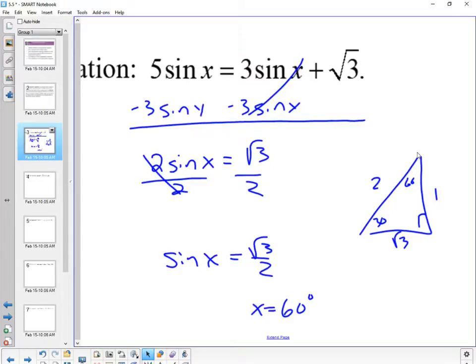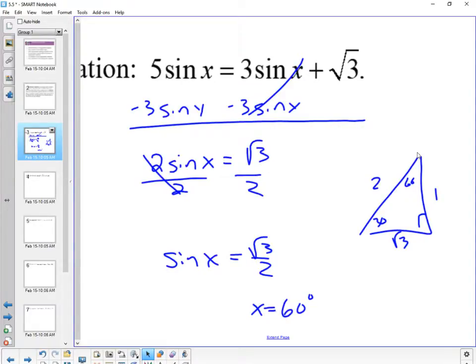Okay, hold on, your confusion. Sine is opposite over the hypotenuse, right? How did the 3 get down here? Because 60 is up here, and opposite to 60 is radical 3. I'm trying to build a triangle. The square root of 3 would be over there, and the hypotenuse would be 2, right?